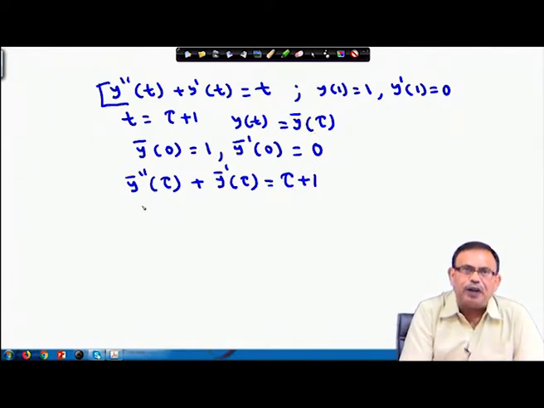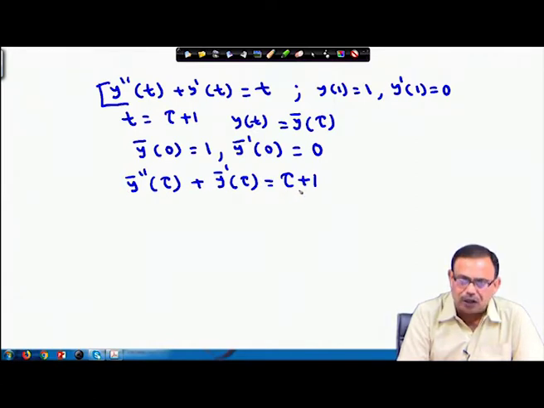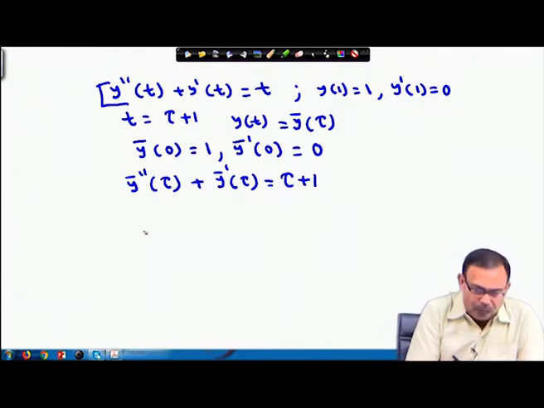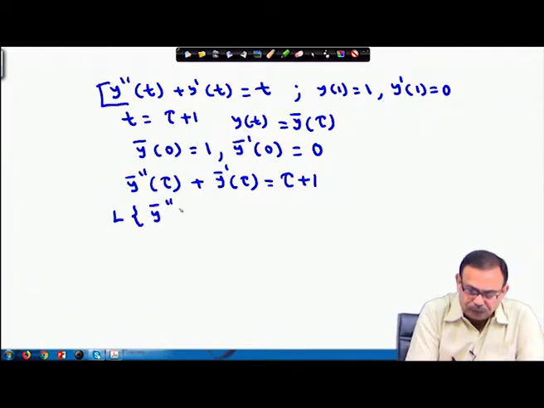So, let us try to find the solution of the converted ordinary differential equation. If required, the original ODE can be transformed into some other ODE like this. Now you take the Laplace transform on both sides.